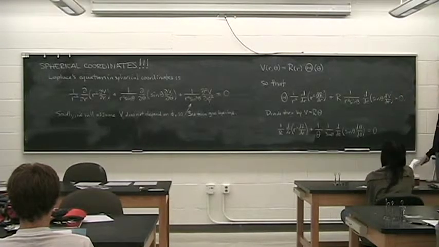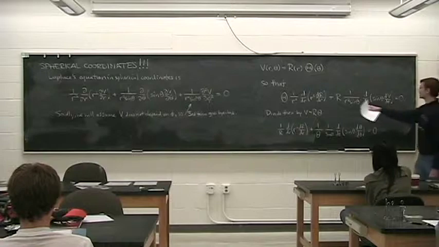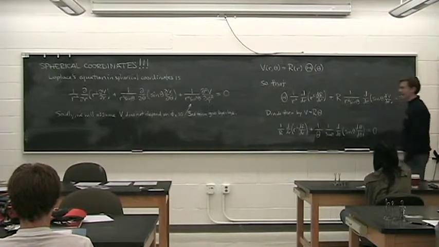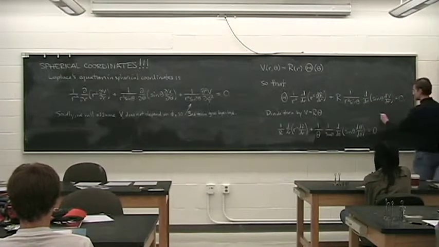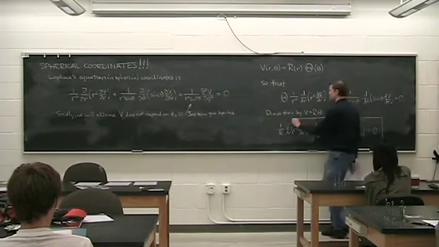Since it's equal to 0 on the other side, we can just multiply through by little r squared and get rid of that. So here's the equation that gets the box.